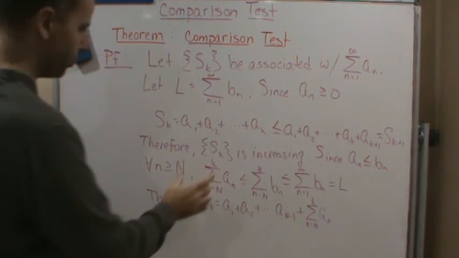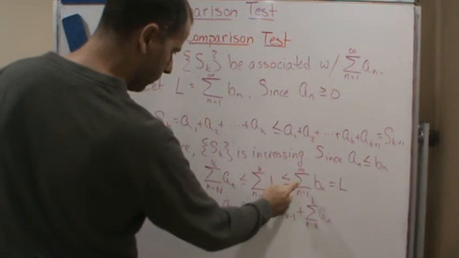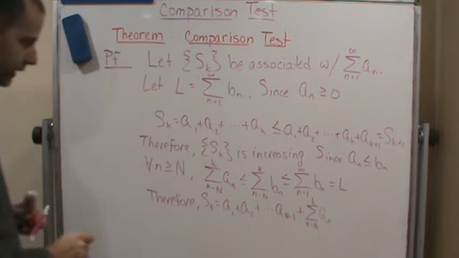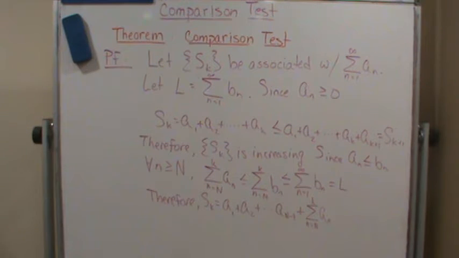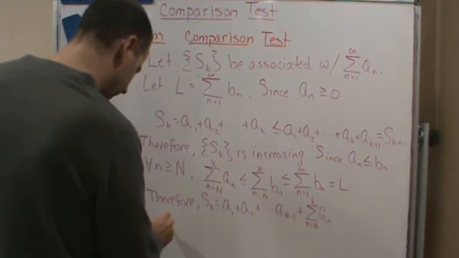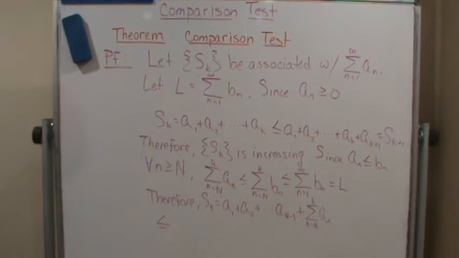So now what I'm doing is I'm taking this in here and I want to introduce and incorporate this fact here. Okay, now that's going to be less than or equal to what?